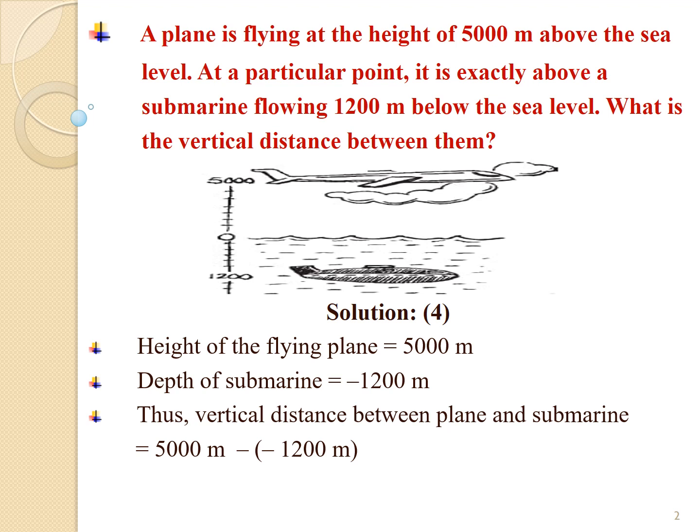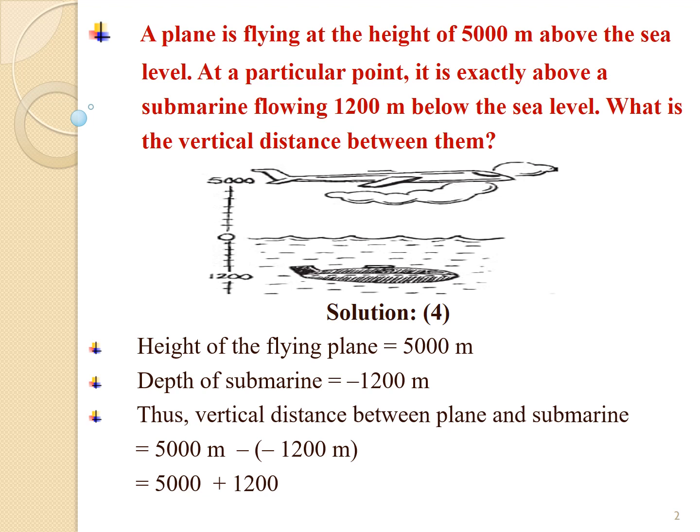Now, adding the additive inverse of minus 1200, which is 1200, to 5000, we get 5000 meters plus 1200 meters.